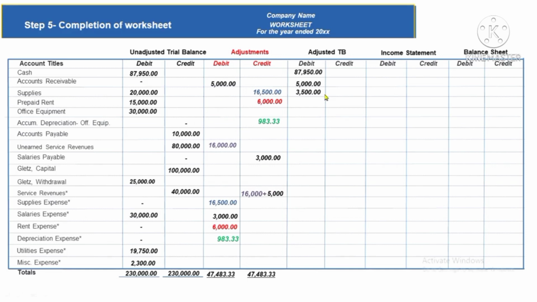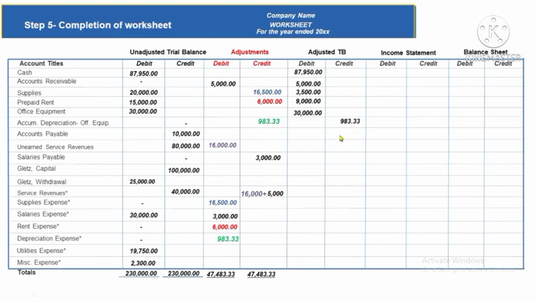So applying what we have learned, we have here the prepaid rent at 15,000 in the unadjusted trial balance, but we have 6,000 credit here on the adjustments, so we need to get their difference and put it right here on the adjusted trial balance, which is 9,000. We just need to copy the office equipment, which is 30,000, and we also need to copy this 983.33 for the accumulated depreciation here on the credit.